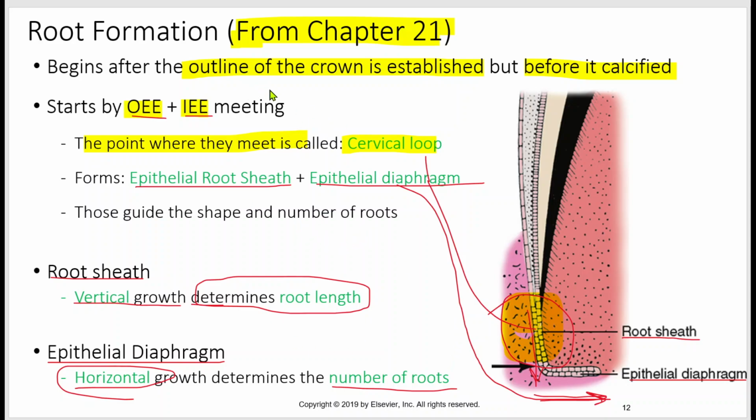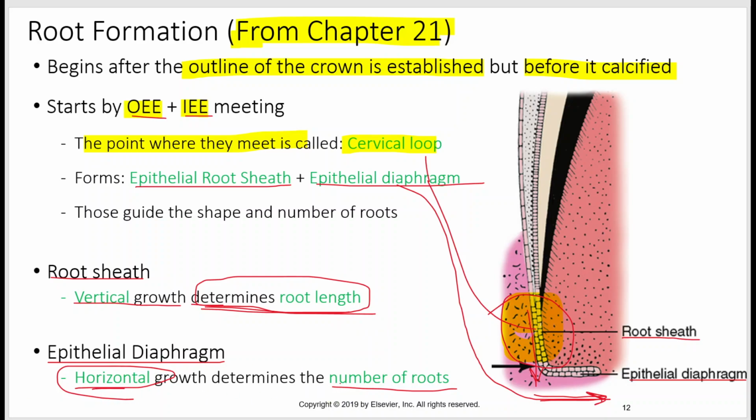We just added one or two more layers: after the outer and inner meet together in the cervical loop area at the bottom, they form the epithelial root sheath and the epithelial diaphragm. The root sheath goes vertically and determines the root length, and the diaphragm goes horizontally and determines the number of roots.